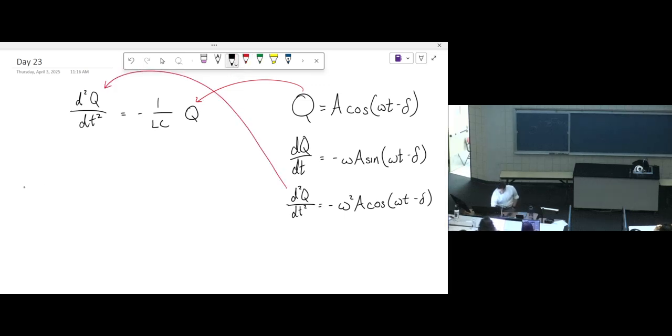Plugging that in, I get minus omega squared a cosine omega t minus delta equals minus 1 over LC times q, which is just a cosine omega t minus delta.